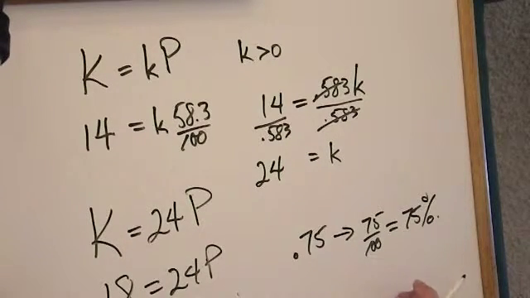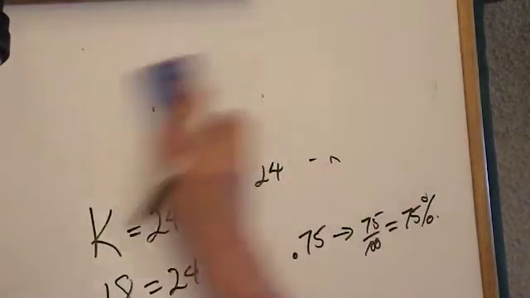Now, moving to the next page, it says if one variable is equal to the inverse of another variable times a constant, then the variable is said to vary inversely as the other.